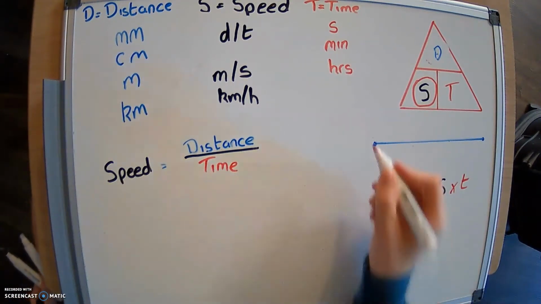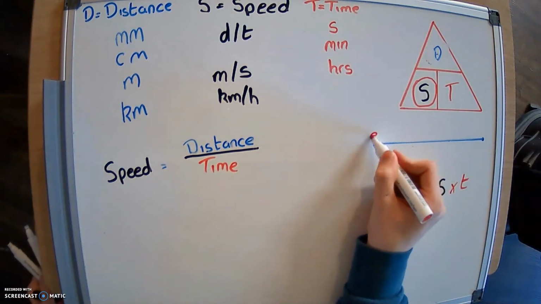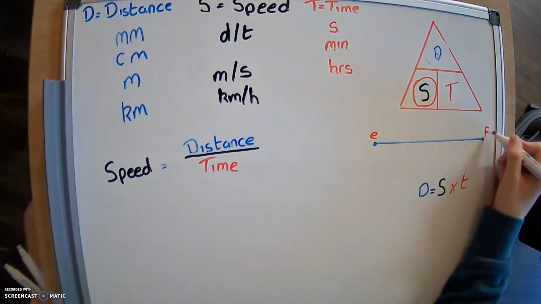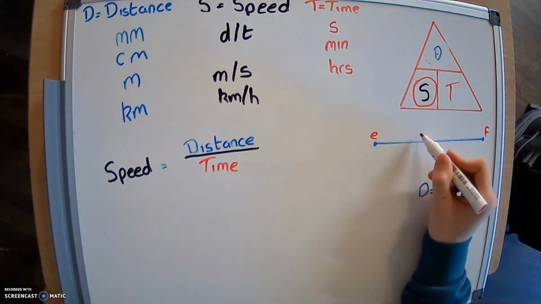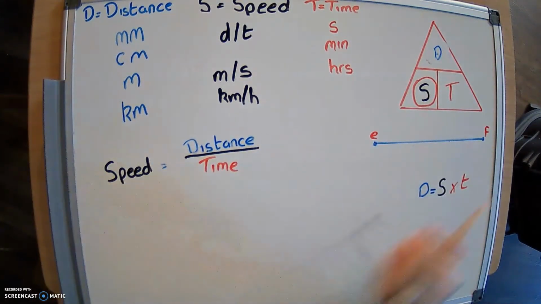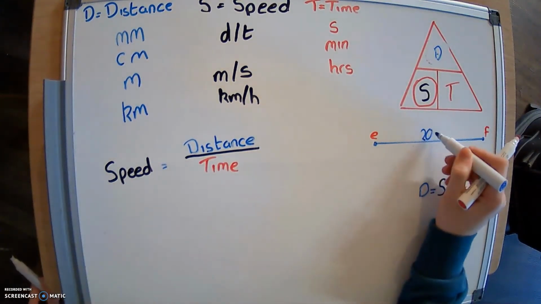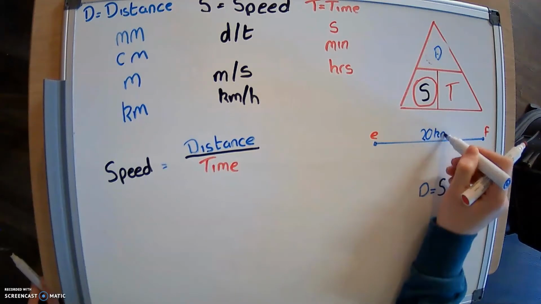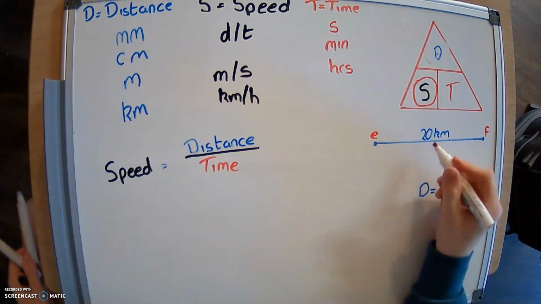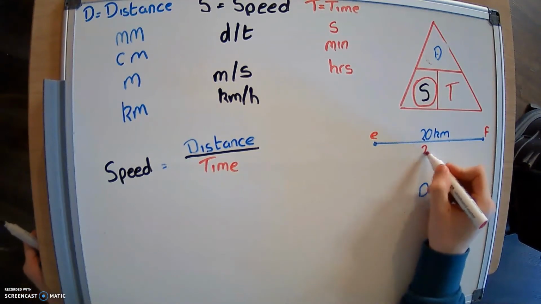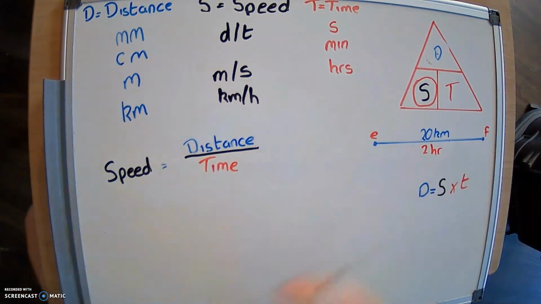So say for this journey, I'm going to cycle from point E to point F. I'm going to say it's a distance of 20 kilometers, and it takes me 2 hours to complete my cycle.